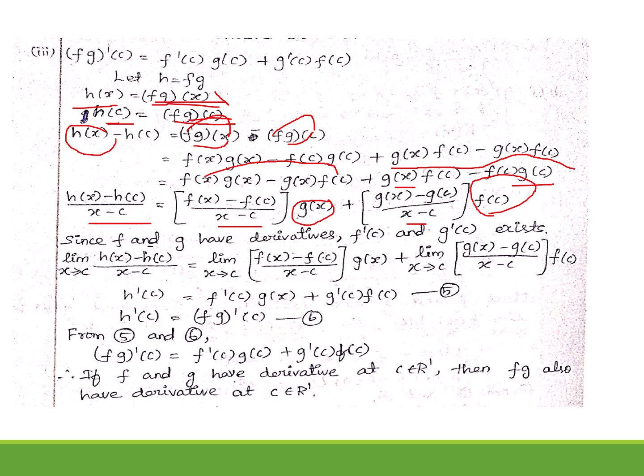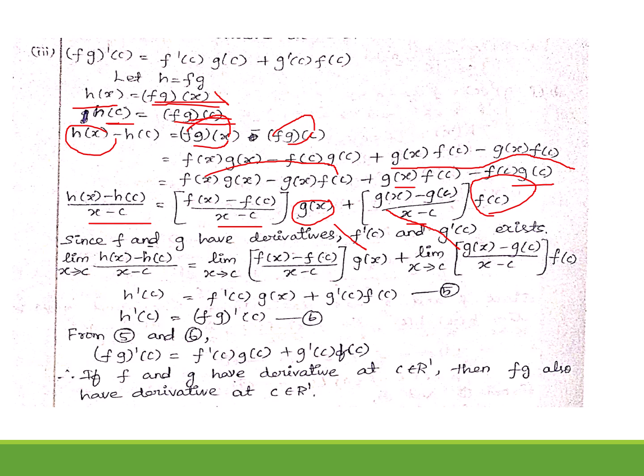The limit as x tends to c of [h(x) minus h(c)] divided by [x minus c] equals the limit as x tends to c of [f(x) minus f(c)] divided by [x minus c] into g(x), plus the limit as x tends to c of [g(x) minus g(c)] divided by [x minus c] into f(c).